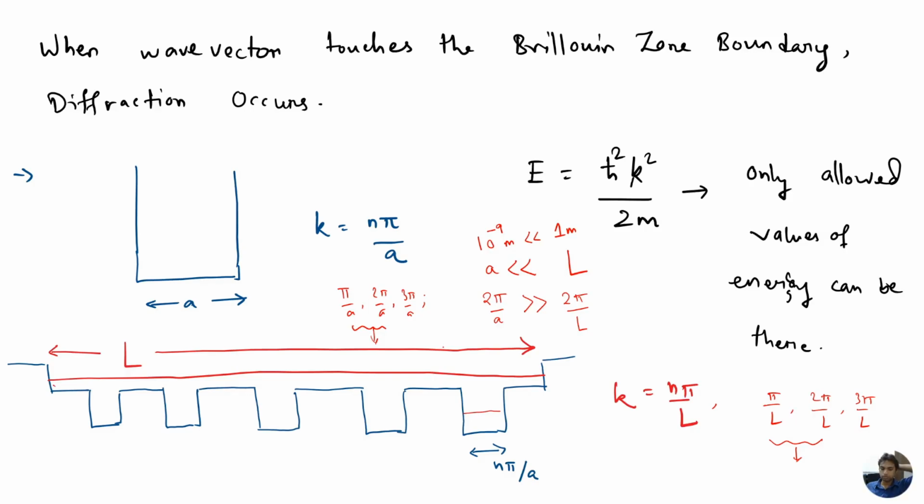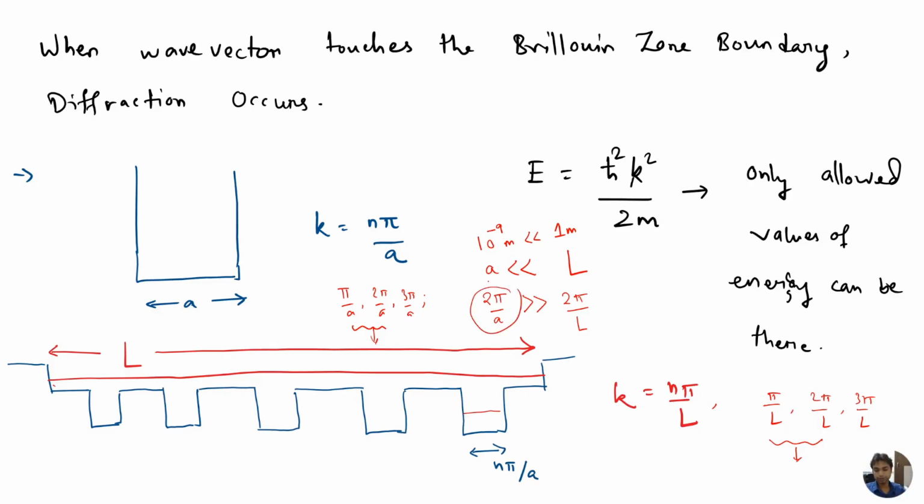Two gaps. Pi by L, 2 pi by L. The gap between pi by A and 2 pi by A is nothing but pi by A, right? That will be the big one. So this is really very very big, not only big.